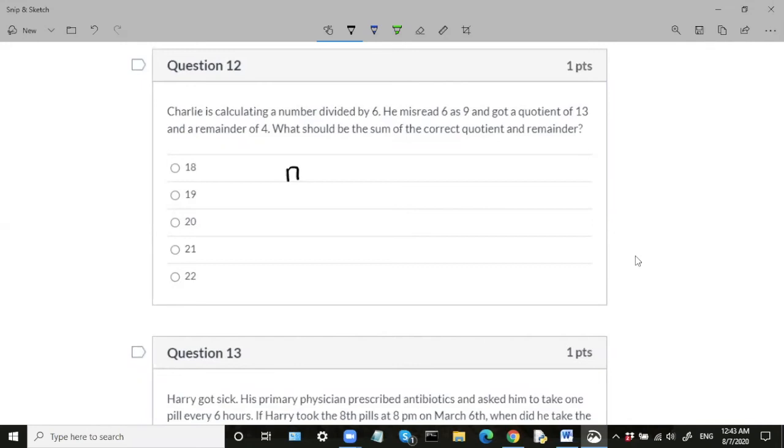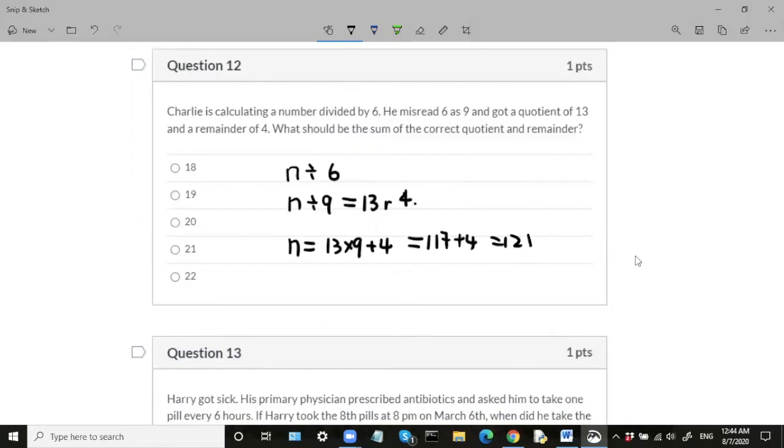Charlie is supposed to divide it by 6, but he misread 6 as 9, so he divided by 9 and got a quotient of 13 and a remainder of 4. So n equals 13 times 9 plus 4, which is 117 plus 4, that is 121.